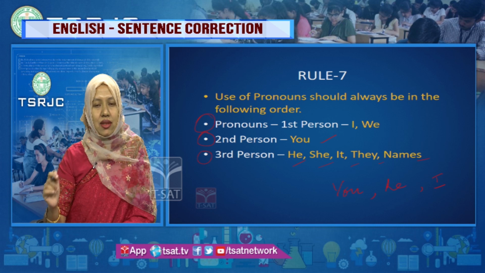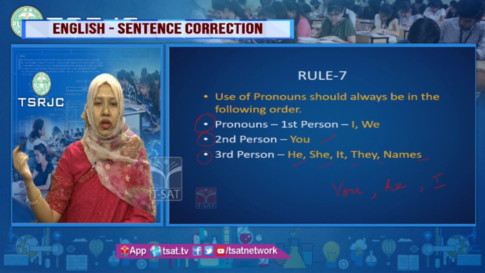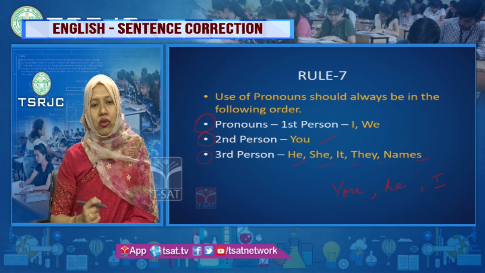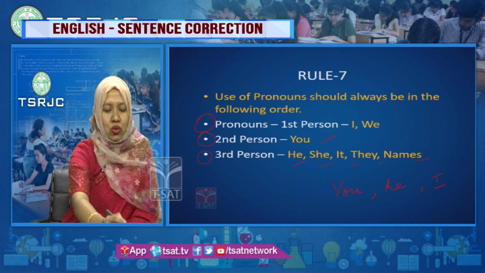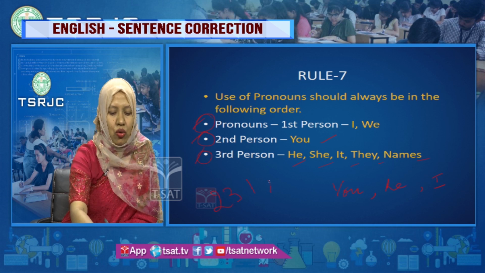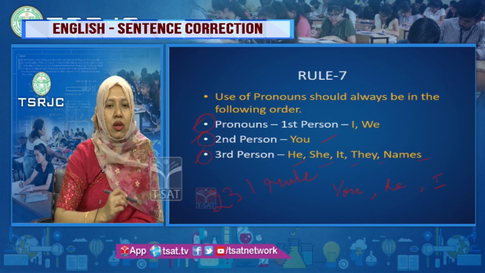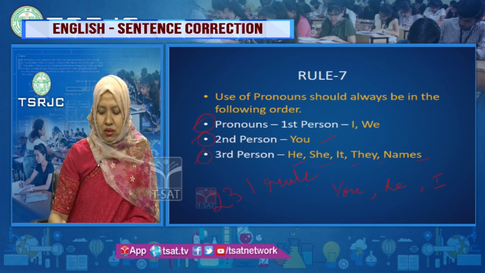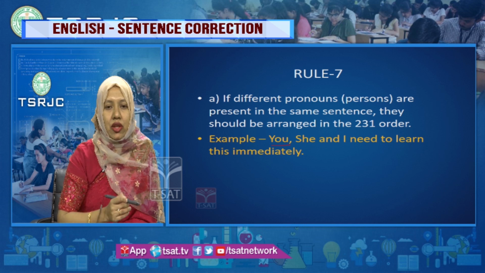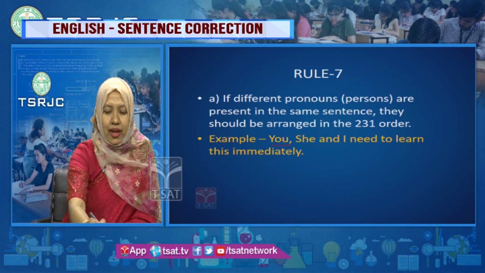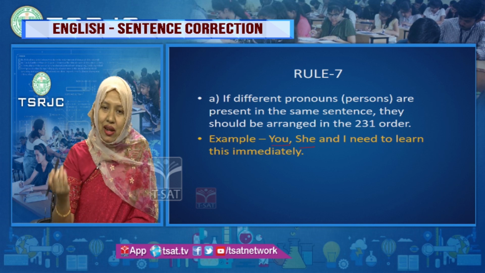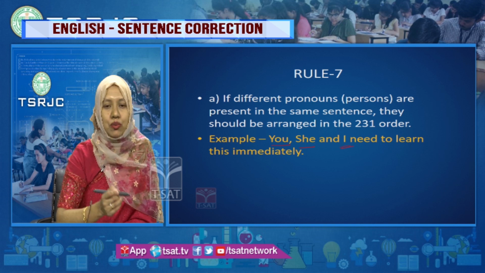When you write a sentence, if you are mentioning more than 2 or 3 persons' names in a sentence, then you have to follow this order: 2, 3, 1. The 2-3-1 rule. In this, you use first the second person you, next comes the third person she, and I. I is the first person.